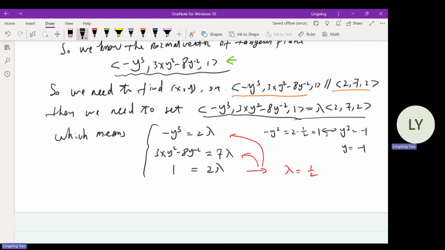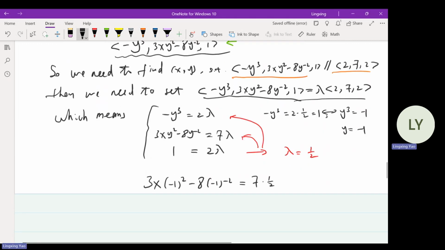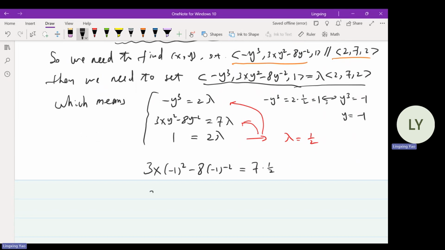And then we can plug this y equals negative 1 and lambda equals 1/2 into the second equation. We solve 3x times negative 1 squared minus 8 times negative 1 to the power negative 2 equals 7 times 1/2. So we get 3x minus, well, this is the 1 again.